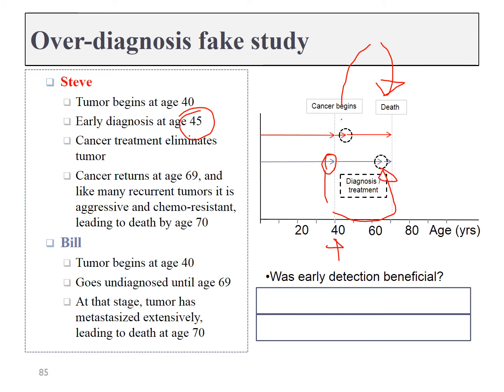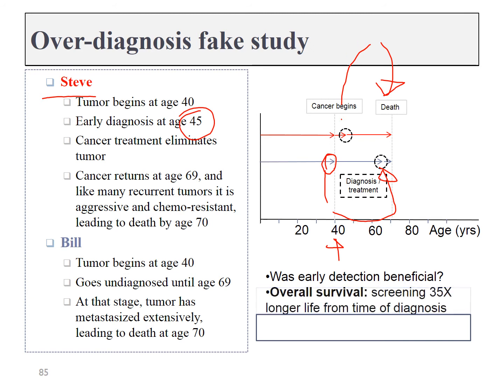So the question is, did the early screening that Steve got help him or not? And that depends on how you do the numbers. If you want to report overall survival, you would say that Steve, who got diagnosed at the age of 45, lived for another, 25 years, 35 years? Oh, I think I did my math wrong.